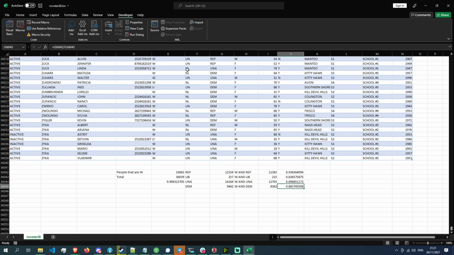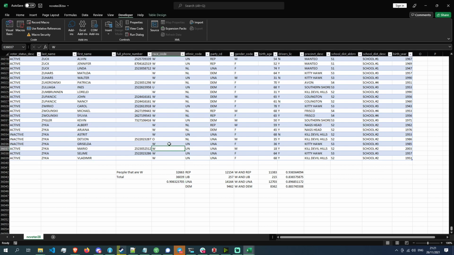Actually, how does this work? Let me just check these statistics. Okay, out of the Republicans, 93% are white. Out of the Libertarians, 83% are white. Out of the UNAs, 89% are white. Okay, which makes sense. It corresponds more or less to our statistic of 90% of everyone being white.